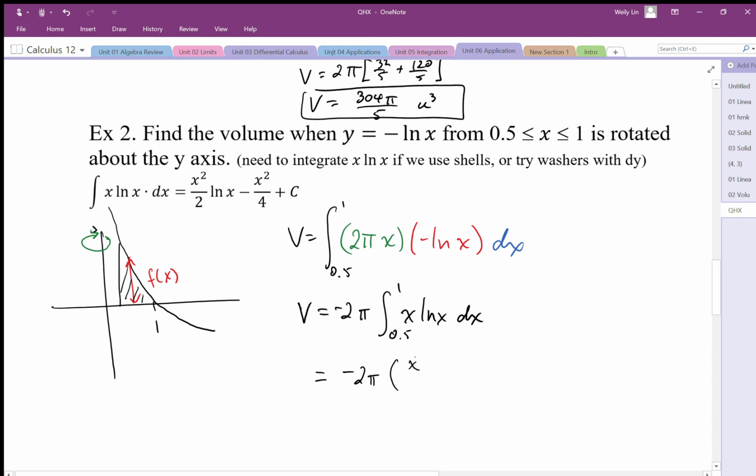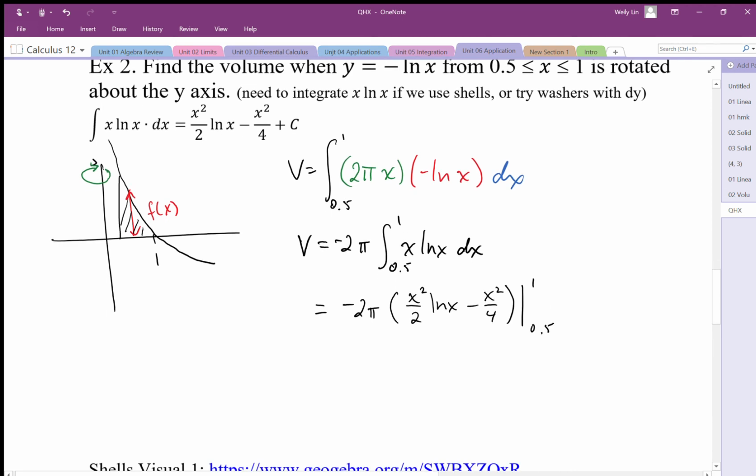The integral is going to be x squared over 2 log x minus x squared over 4, and we're going to integrate that from 0.5 to 1. So then plugging that in, we're going to end up with 1/2 log 1, which is 0, minus 1 over 4.